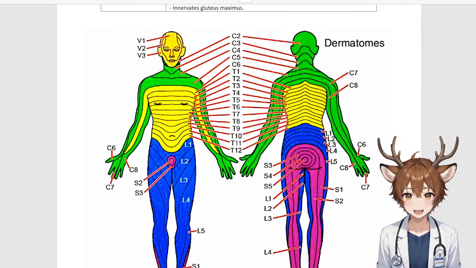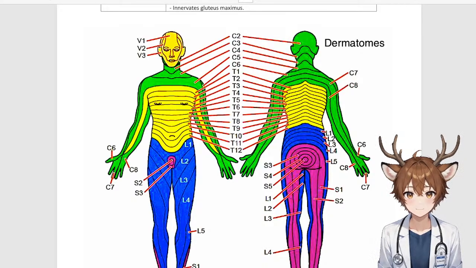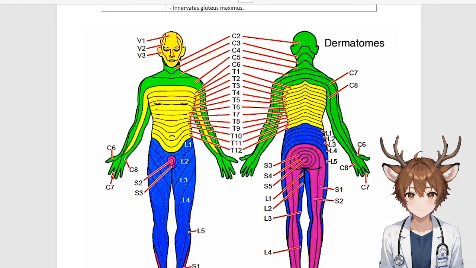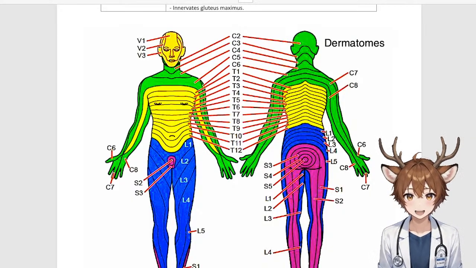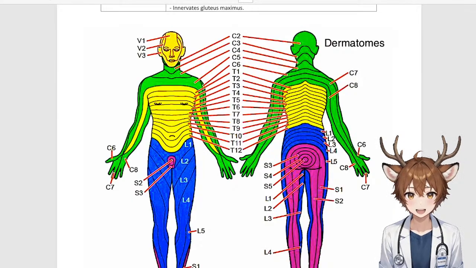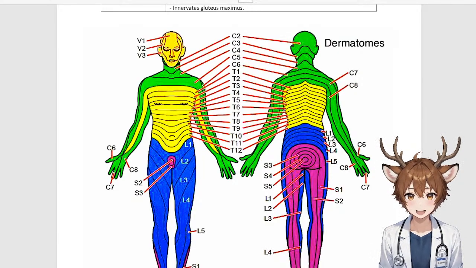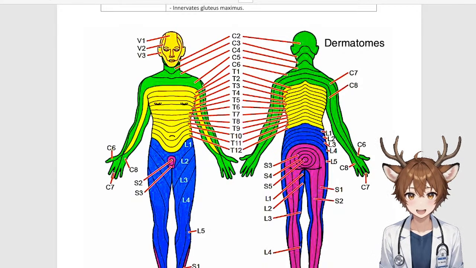You test your middle finger, C7. You test your pinky, C8. And in some versions, the side of the medial elbow area, that area that's on the side of the pinky, that's going to be T1. And if you go farther up, closer to the armpit, that's going to be T2. Not in the armpit, but a little bit higher, proximal to it. There's some variations in how they draw the dermatomes, but just bear that in mind. That's probably going to be a pretty good way to figure it out.